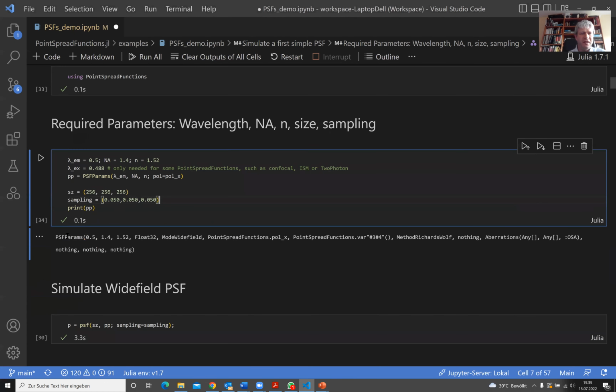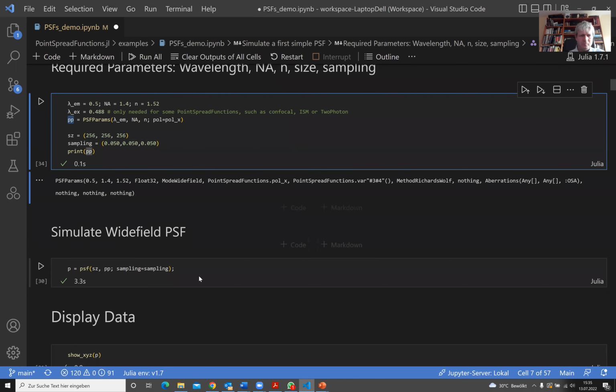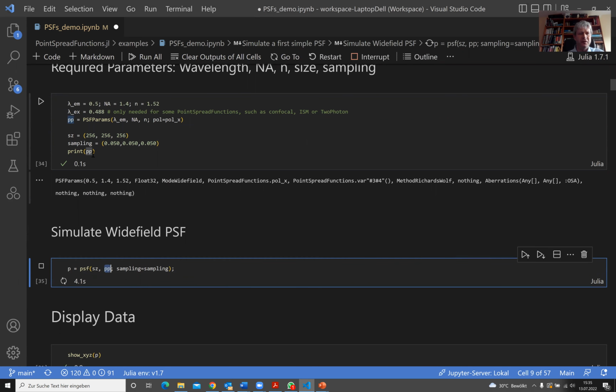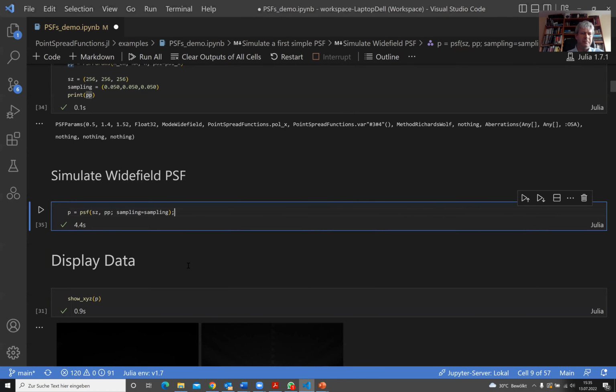So what you see is that all this information is then stored in this PSF param structure. Here it's called PP. Then to simulate a point spread function, you have to provide this parameter structure, PP, and also these other two things, sampling and the size information. If you don't provide the sampling, it will use a default sampling that would amount to the upper limit of sampling, so that you're just about sampling it right.